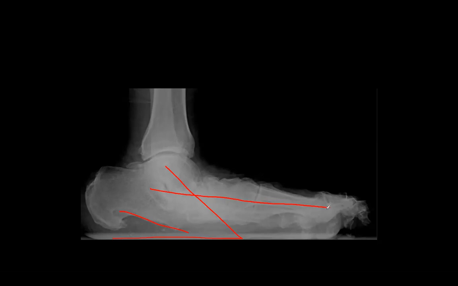What we do is this first line here is bisecting the first metatarsal, and then it goes through the middle. You can see the cuneiform right here. Does it look like it's going through the middle of the cuneiform? Yeah, it's pretty close. And then we see the navicular right here. It looks like it's pretty close to the bisection of the navicular.